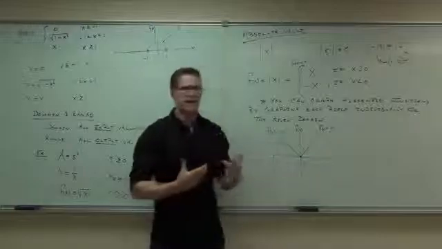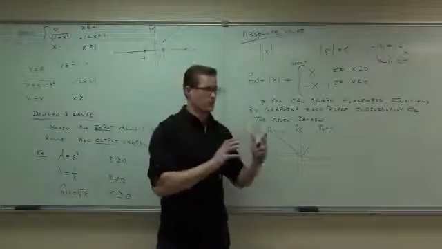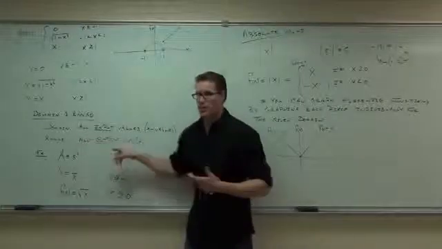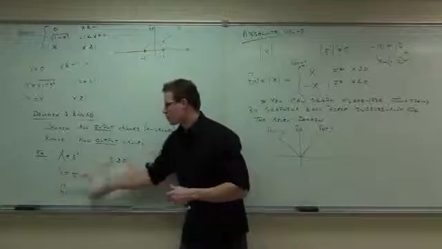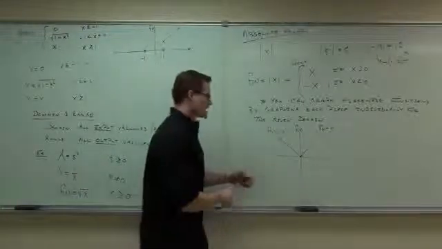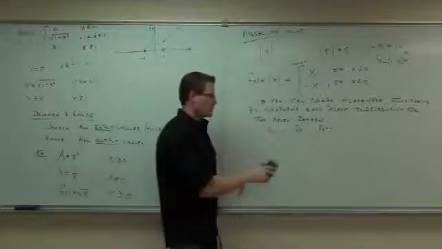The natural domain is basically everything that works in the formula, including the natural restraints of the problem, like the side length of the square, or the formulaic restraints like a square root or dividing by 0. So natural domain basically means everything that works in your formula or your function.